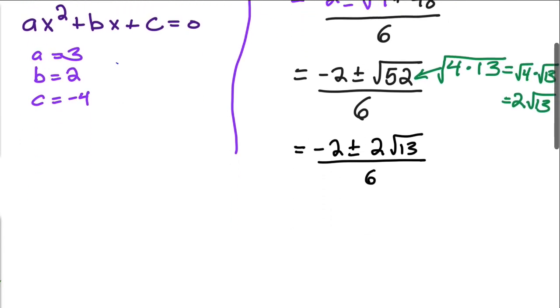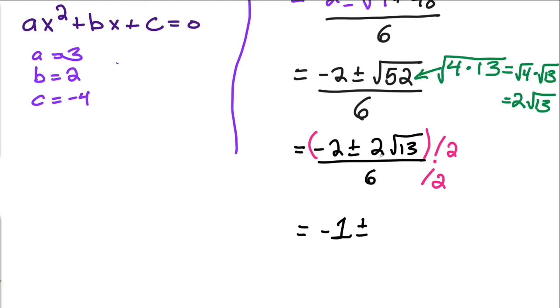Now the last thing we need to do is to simplify this. So notice what we can do is divide by 2 on the numerator and on the denominator. And if I do that, you need to make sure that you divide both terms in the numerator. So the minus 2 gets divided by 2, leaving me with minus 1.